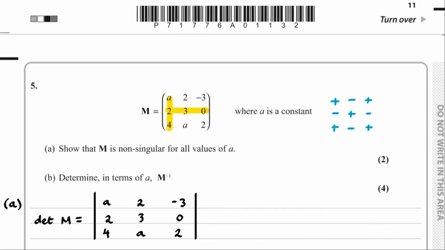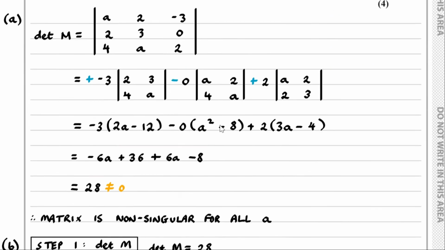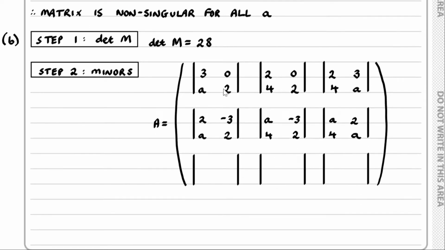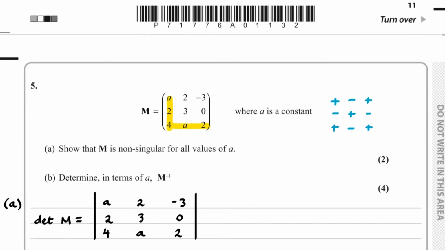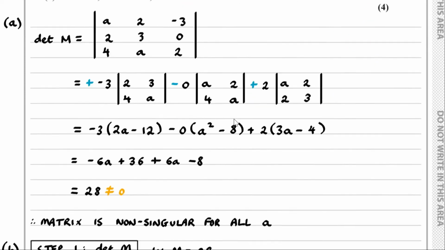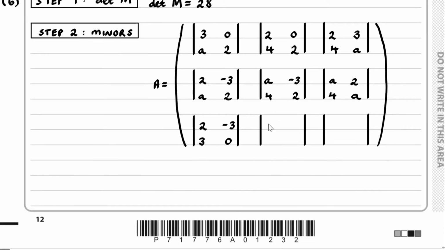And then for the next one, I've got 2 minus 3, 3, 0. And then I've got A minus 3, 2, 0.